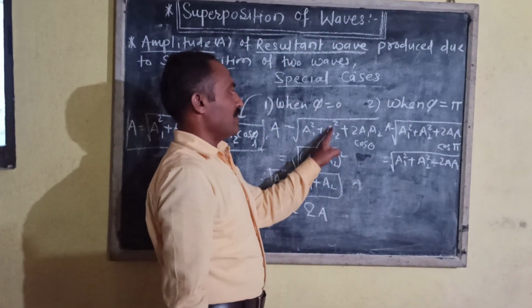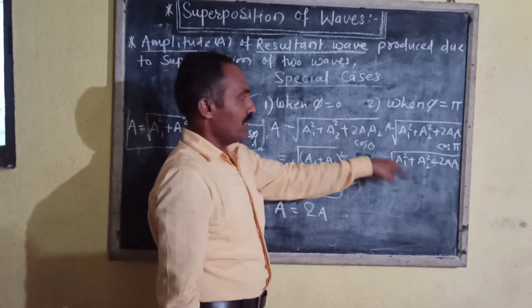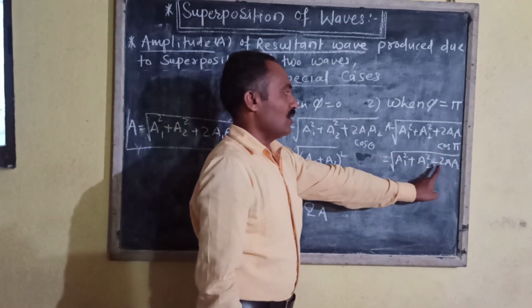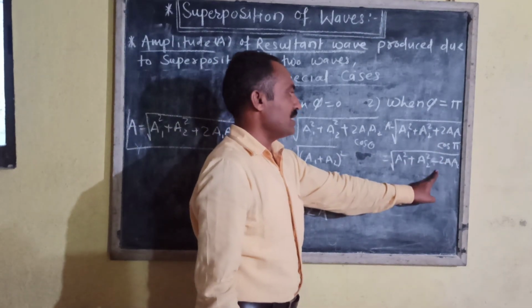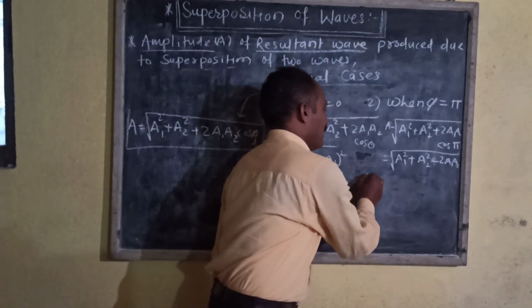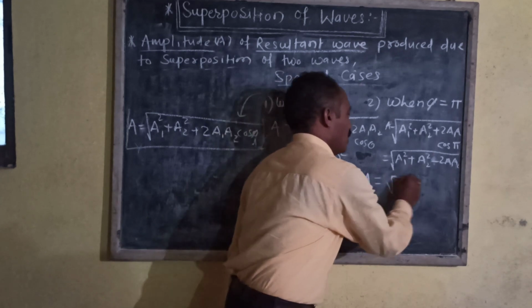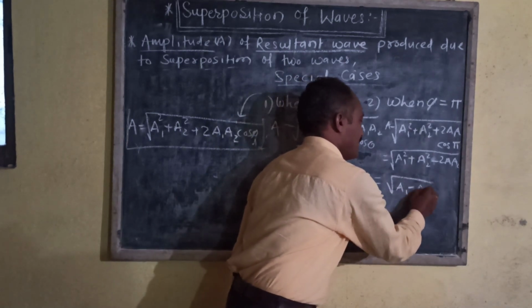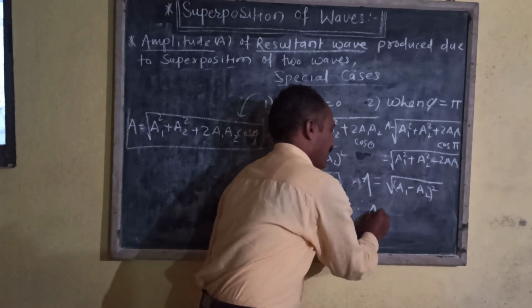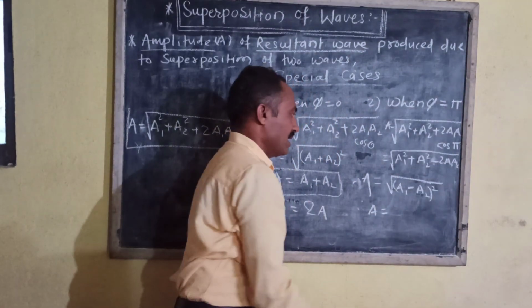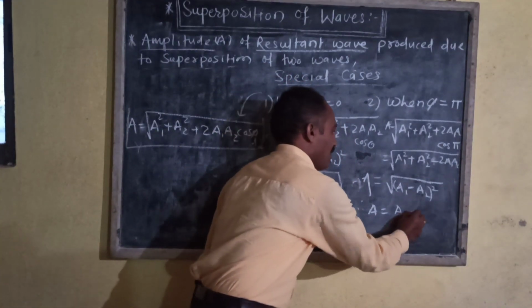Therefore a1 square plus a2 square minus twice a1 a2. Therefore A is equal to the square root of (a1 minus a2) square. Therefore the amplitude A of the resultant wave is a1 minus a2.